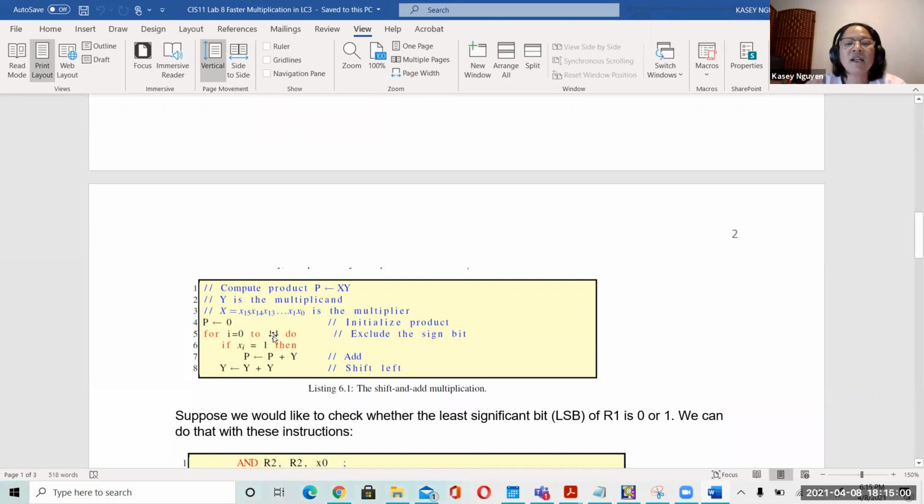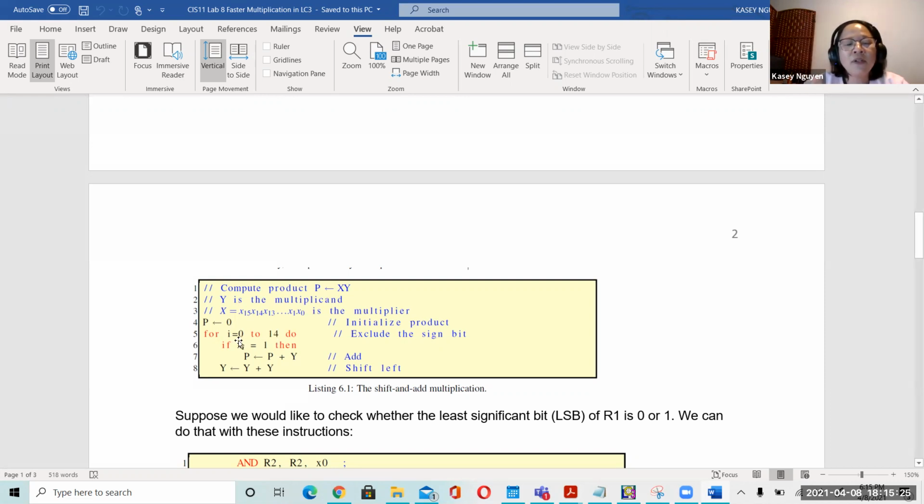This is going to allow us to exclude the sign bit. Okay. And with that, it's going to allow up to 14 placements of bits. Okay. And when it does that, we would assume that it's going to move and shift, and then it adds for every bit that is on.